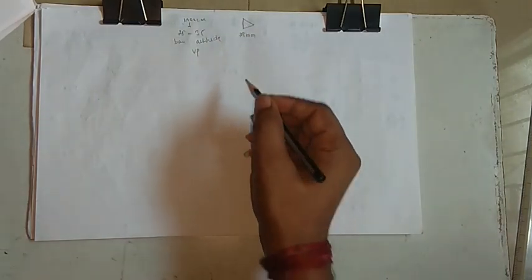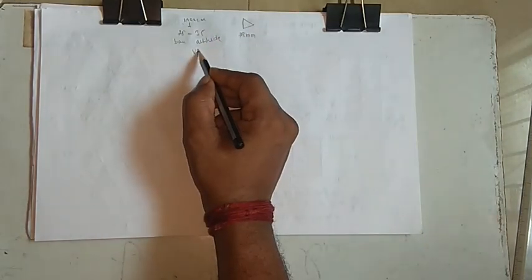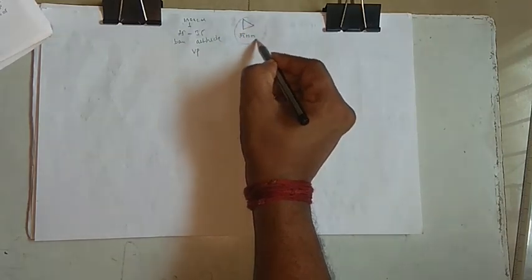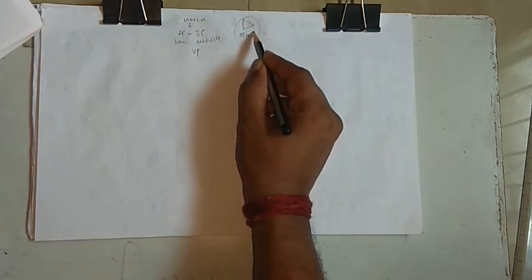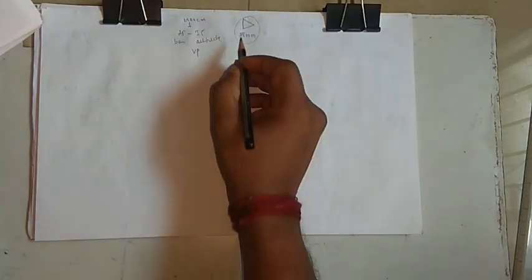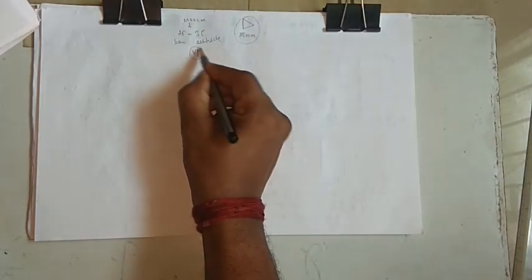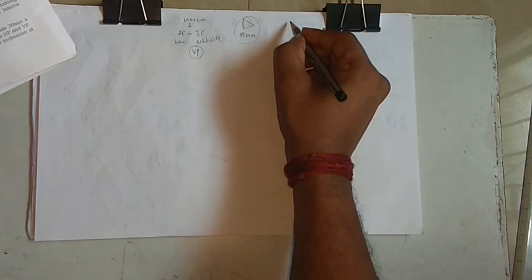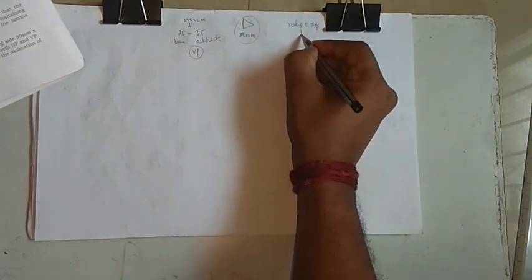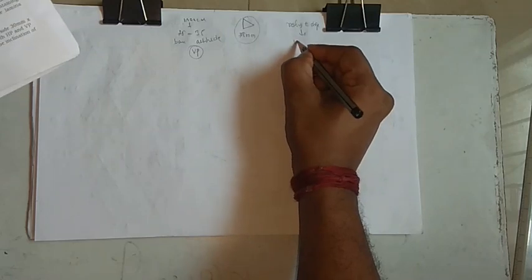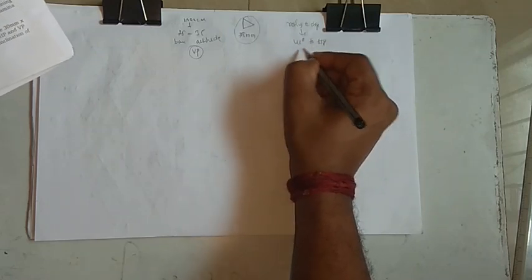They have not mentioned whether it is resting on the VP or HP, but they say in the front view it looks like an equilateral triangle. Front view looks like an equilateral triangle, above the xy line, means obviously it is resting on the VP. And the third one, the resting edge is inclined at 45 degrees to the HP. That's a simple one.